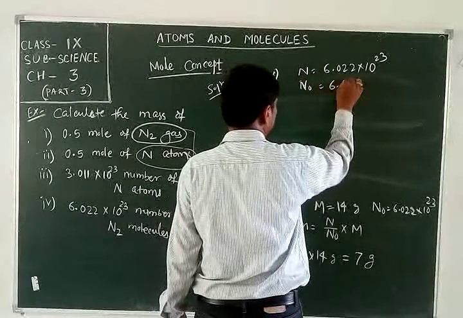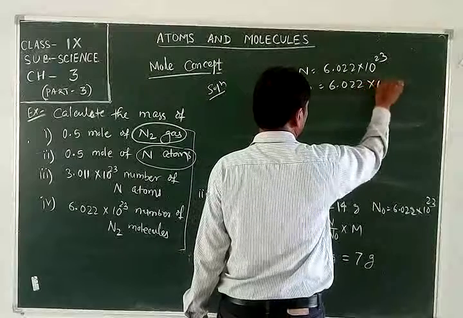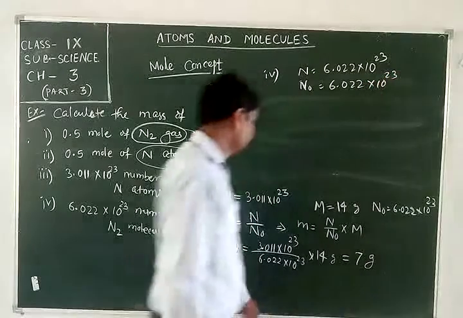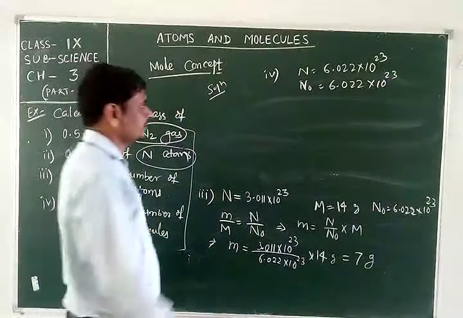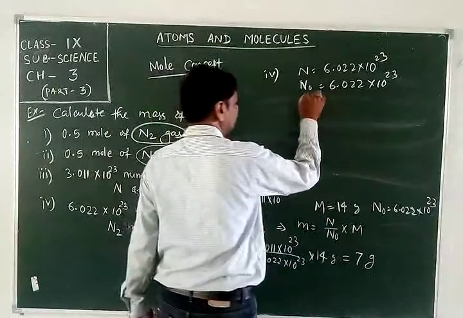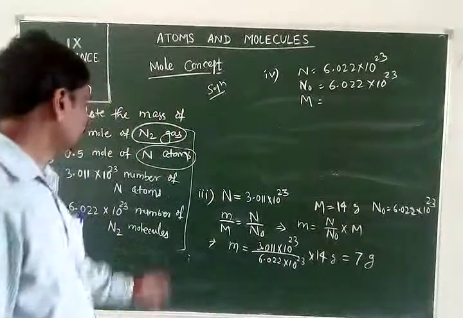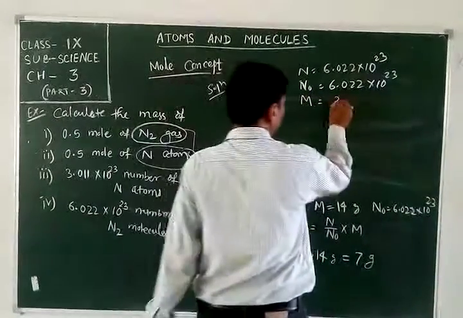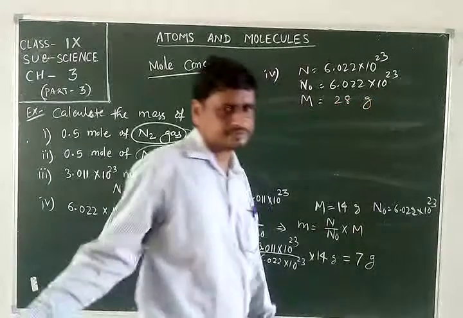Avogadro's number is 6.022 into 10 to the power 23. And molar mass for this nitrogen molecule is 28 grams.